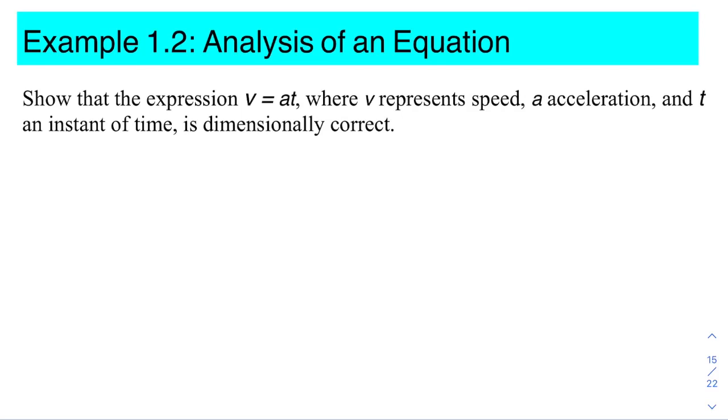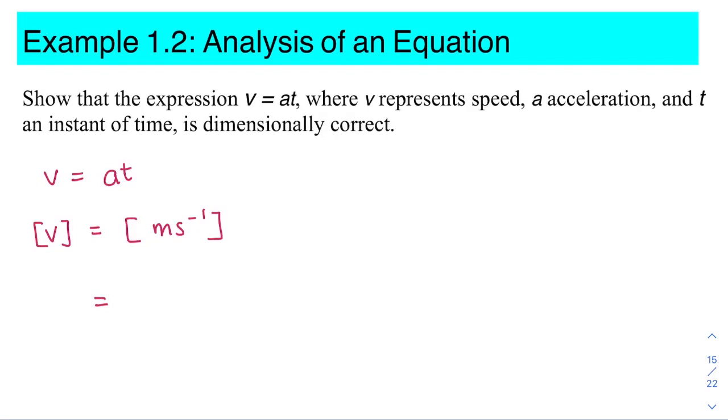So what we have here, given to us, is V equivalent to A times T. So we analyze one by one. Because we want to check whether this equation is dimensionally correct or not, we are going to check one by one. For V, in terms of SI unit, it is m s negative 1.